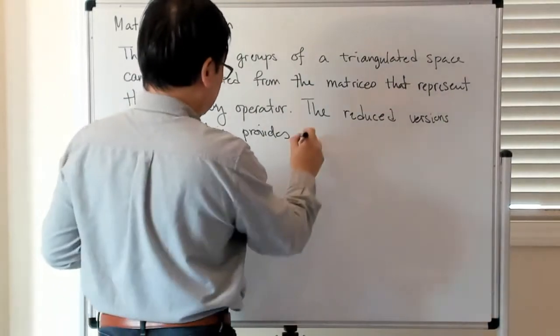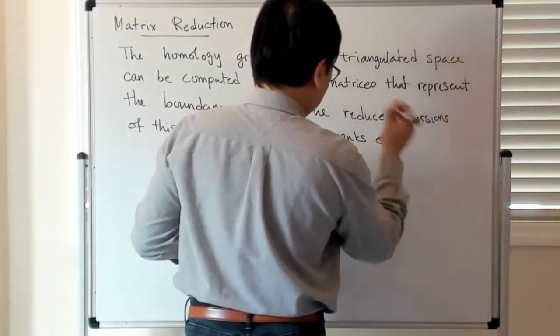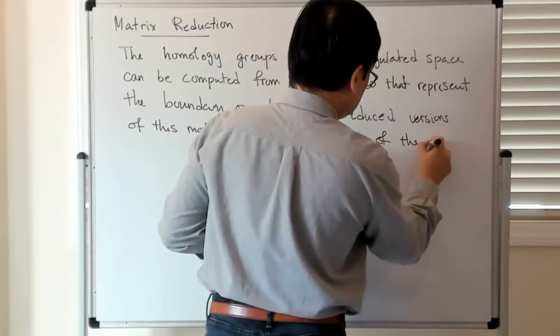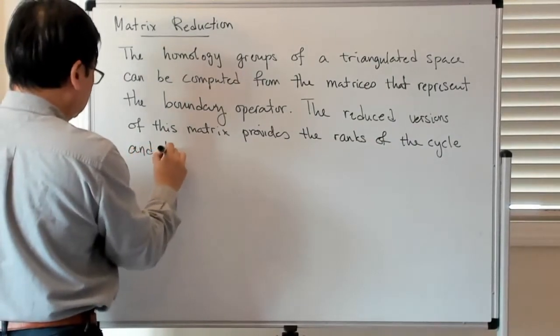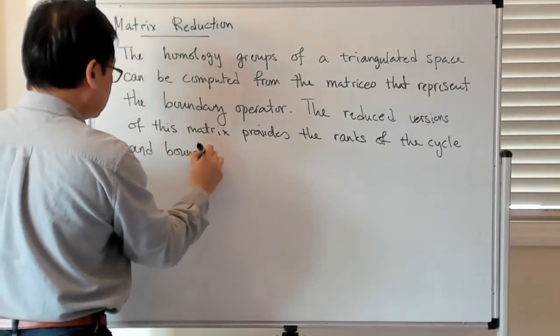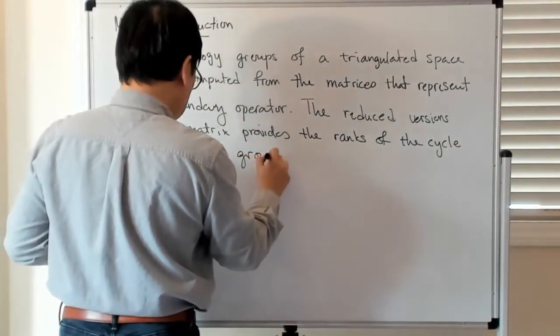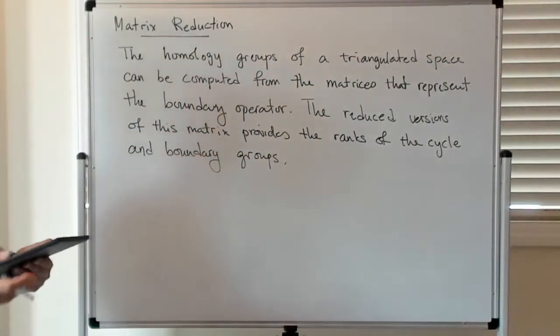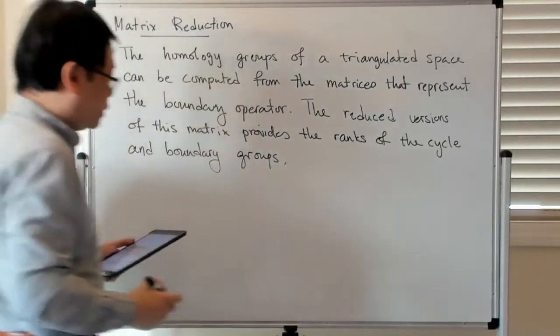The ranks of the cycle and boundary groups. And then the difference of these ranks gives you the Betti numbers, which are associated with the rank of the homology groups.